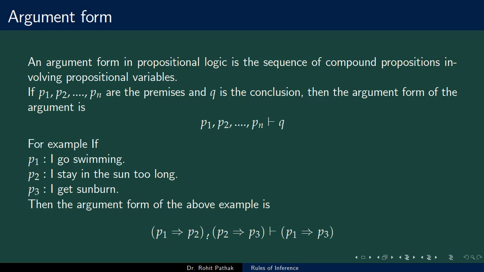The second premise is if I stay in the sun too long, I get sunburn, P2 implies P3. Therefore, the conclusion is if I go swimming, then I get sunburn, P1 implies P3. This is called the argument form of the argument. Before finding the validity of an argument, we must convert a given argument into this form.